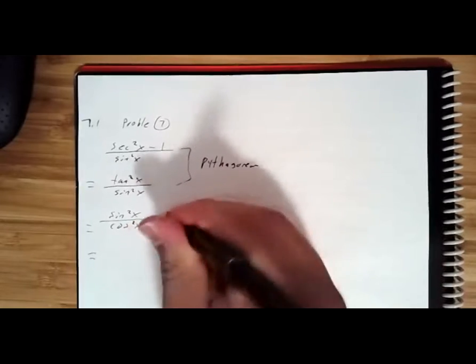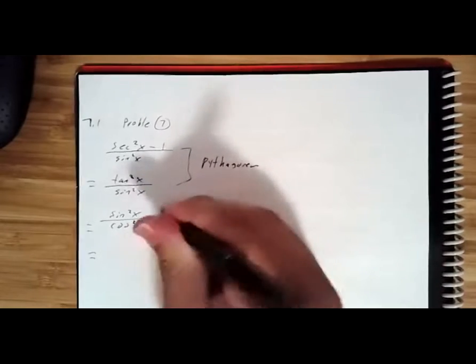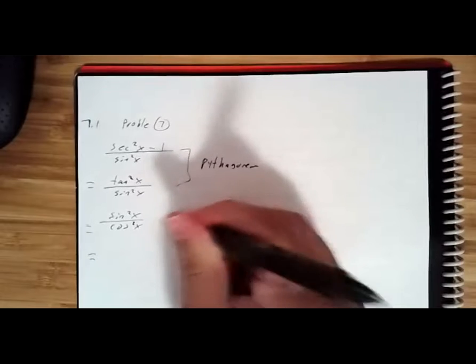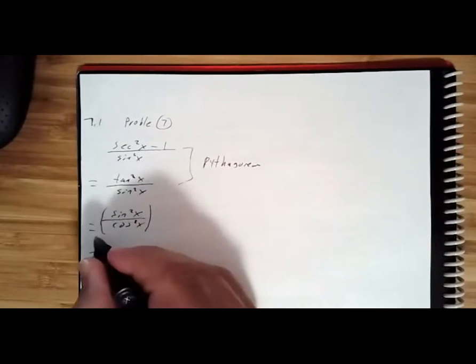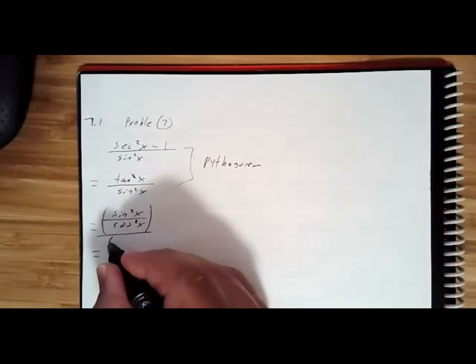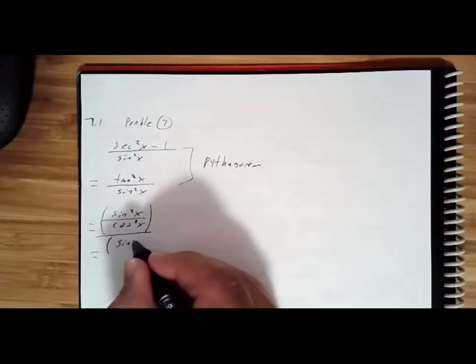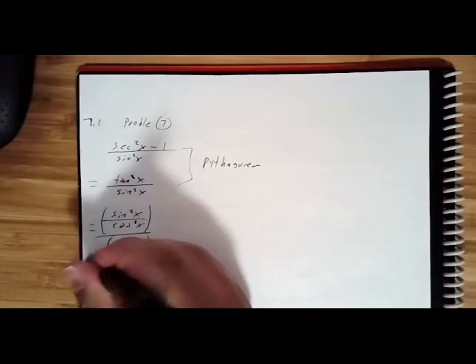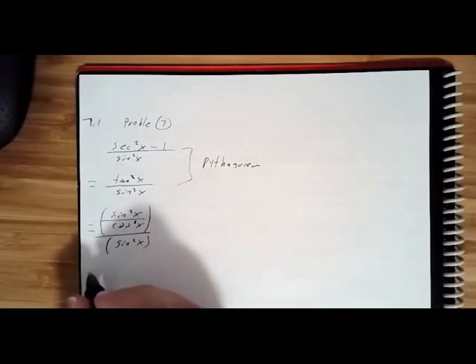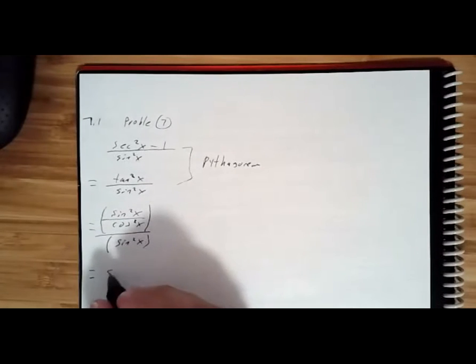Yeah, I did sine x over cosine x in a parenthesis times sine x over cosine x, and I got rid of the exponents. I put them next to each other, but I separated them on the numerator. Oh, you skipped a step, that's what you're saying.